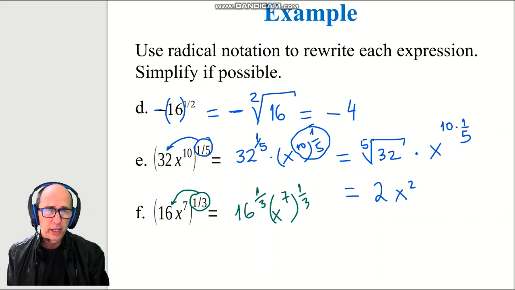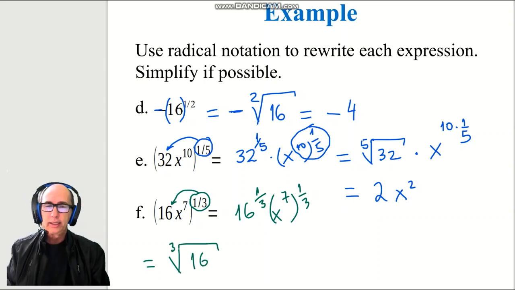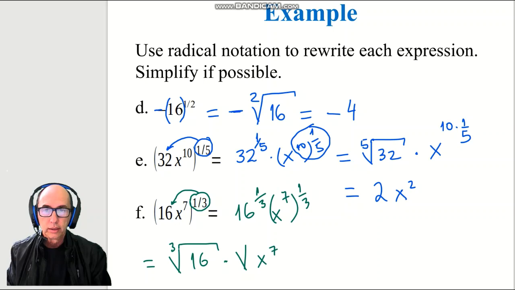This one is a bit tricky because look, cube root, let's write it here on the bottom, cube root of 16. 16 is not a perfect cube. And times cube root of x to the 7.